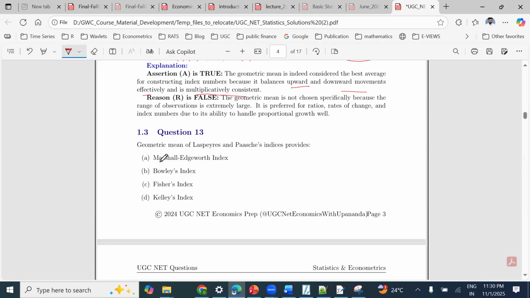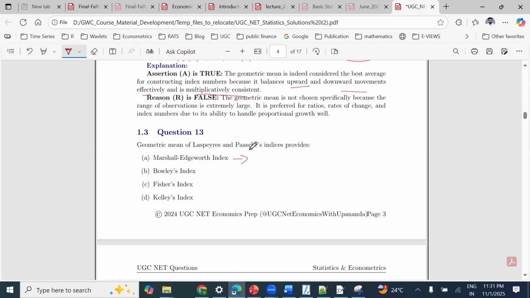Okay? Yes, sir. So what is this index? Who will tell what is Marshall and Edgeworth index? Means what is the formula? You all know about the formula, right? And the test, of course, we will discuss not today, but I'm just trying to tell you. You have to remember Edgeworth. First one is Edgeworth-Marshall's index, right? So what is the formula?